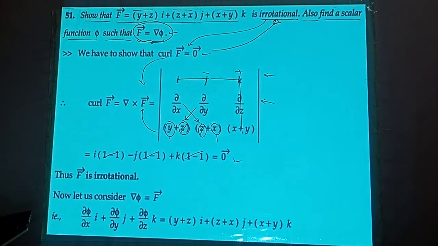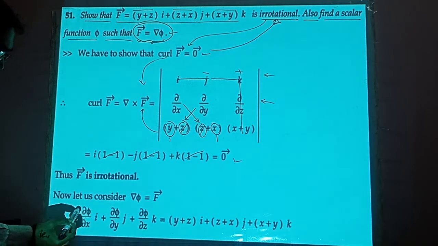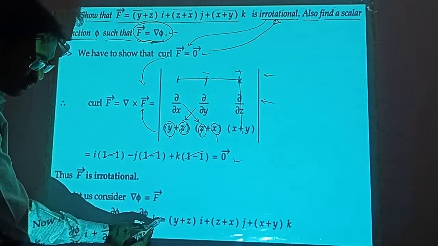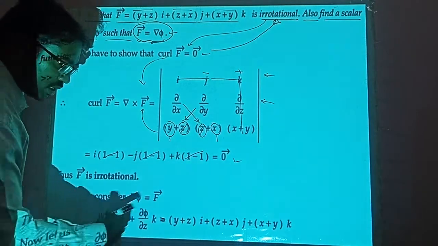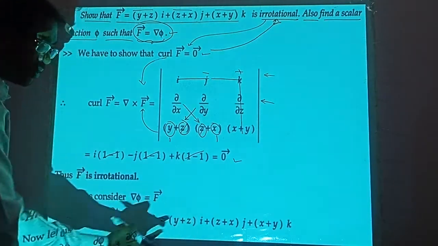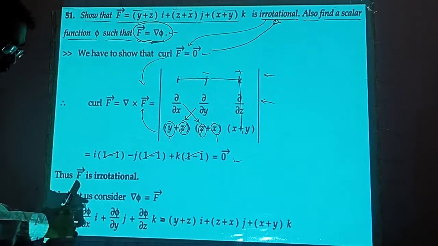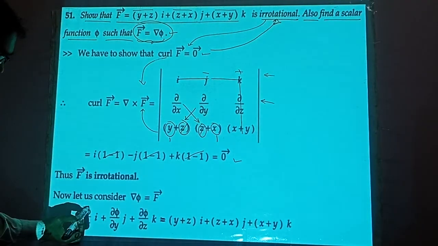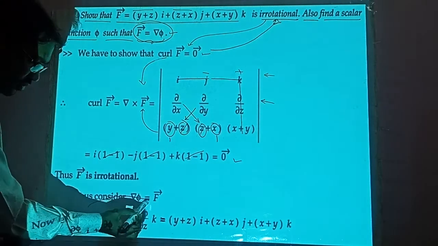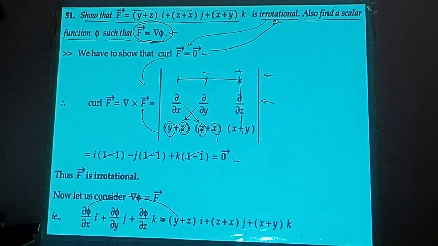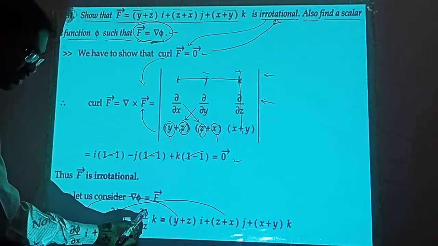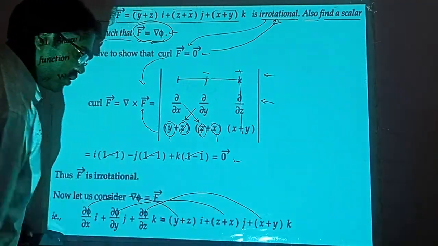Now we will equate the coefficients of i, j, k, because it says equality of two vectors. Two vectors are equal only if their coefficients of i, j, k are equal. Let us equate the coefficient of i from here with this, and coefficient of j with this, coefficient of k with this.